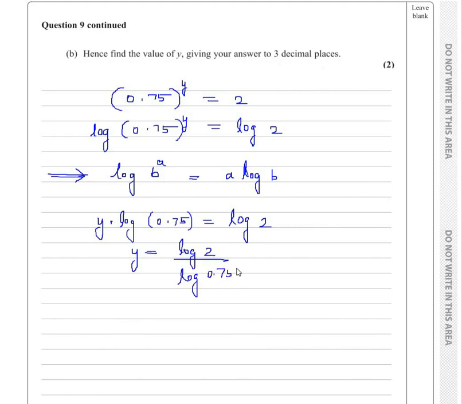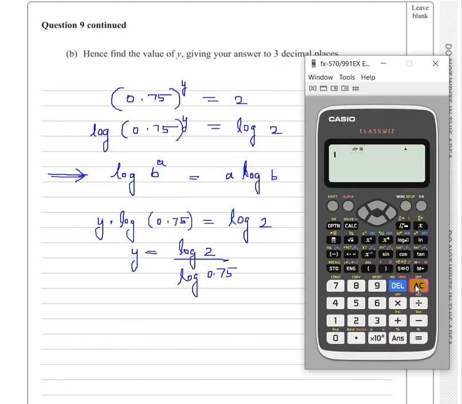So let us see what we get. Log to the base 10 we can take here. So here it becomes log 2 divided by, again, log to the base 10 of 0.75. Let us see what we get. We get negative 2.409.